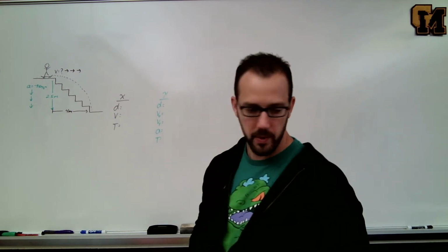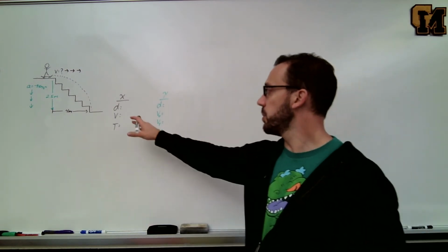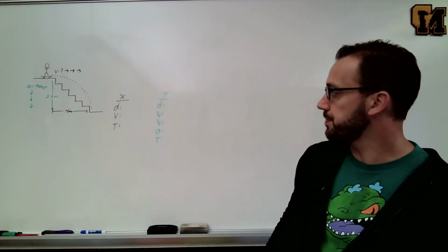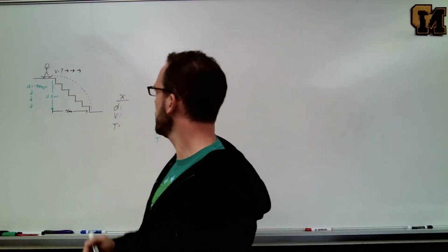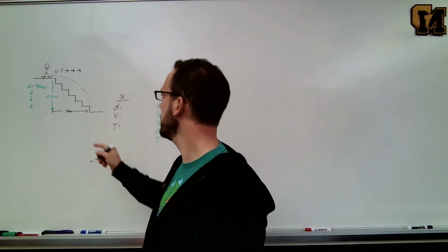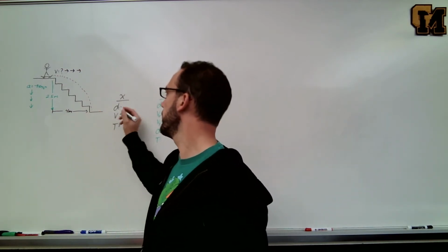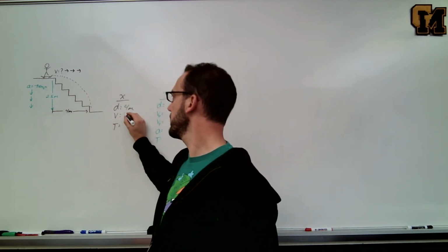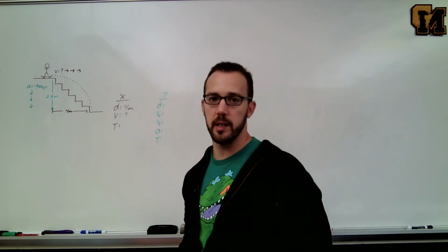So from here, what we're going to be able to do is pull our numbers out and then proceed to solve the problem. So first thing, all of our black numbers are going in the left and right direction. We know our displacement is 4 meters, and we know our velocity is what we're trying to find.